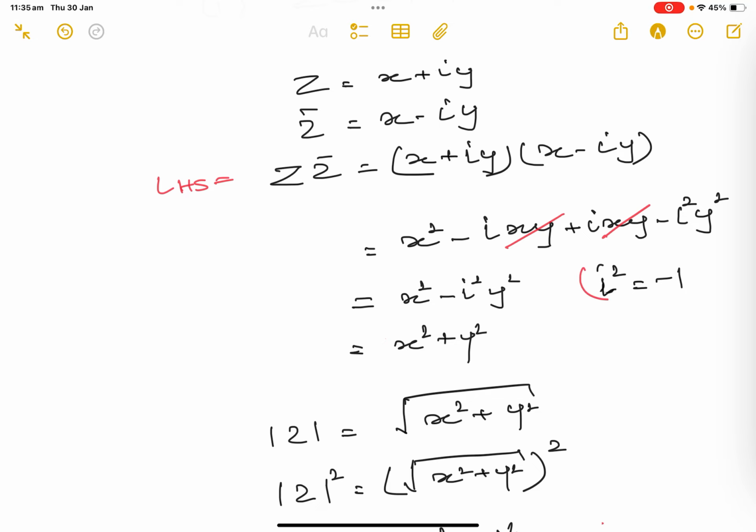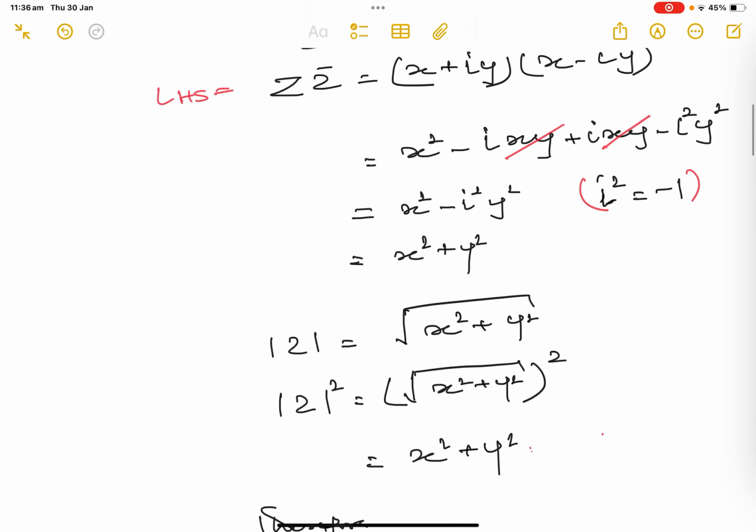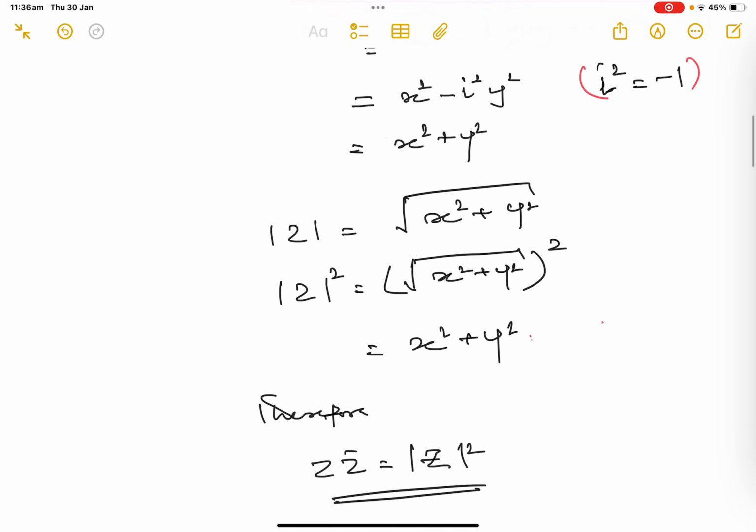I squared, we know, is minus 1. Therefore, the minus becomes plus. The answer is x squared plus y squared. That is obviously the modulus squared. So now we take the right hand side, just proving it.